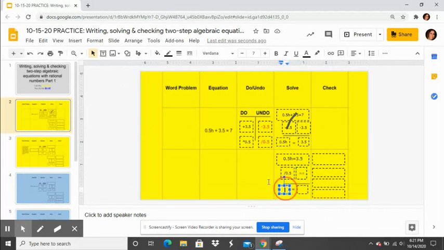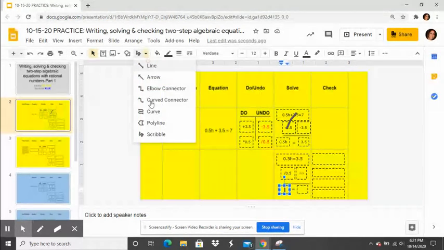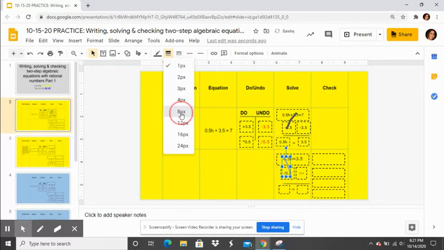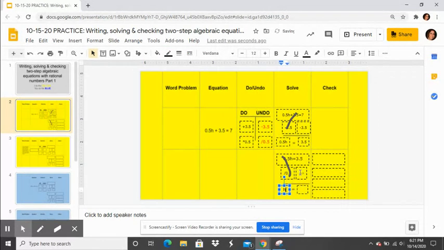So here on the left side, my 0.5s canceled each other out. So on the left, I'm only left with an h, and when I did 3.5 divided by 0.5, I got 7. So my answer was 7.